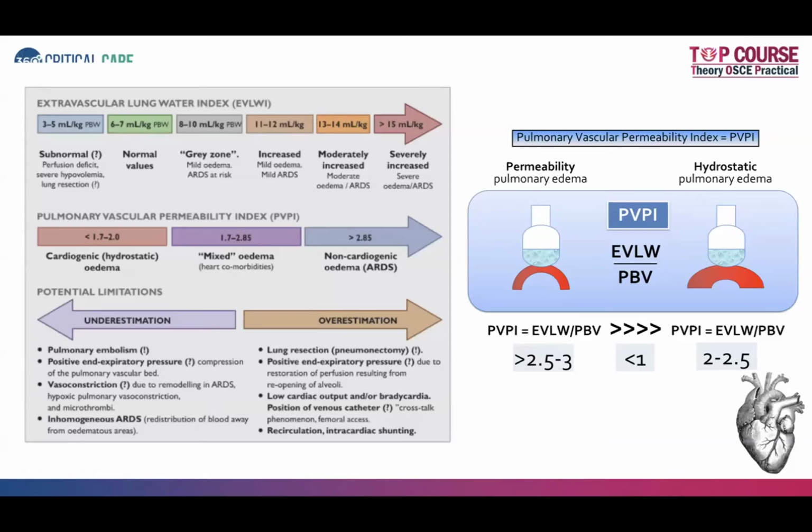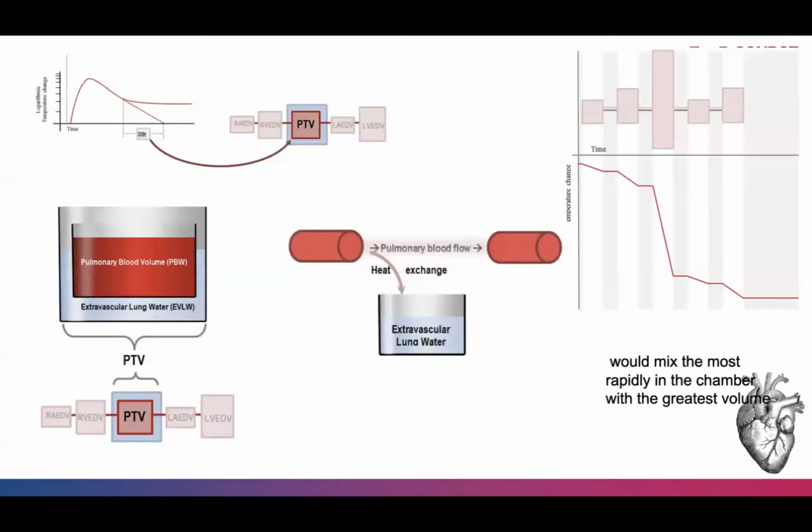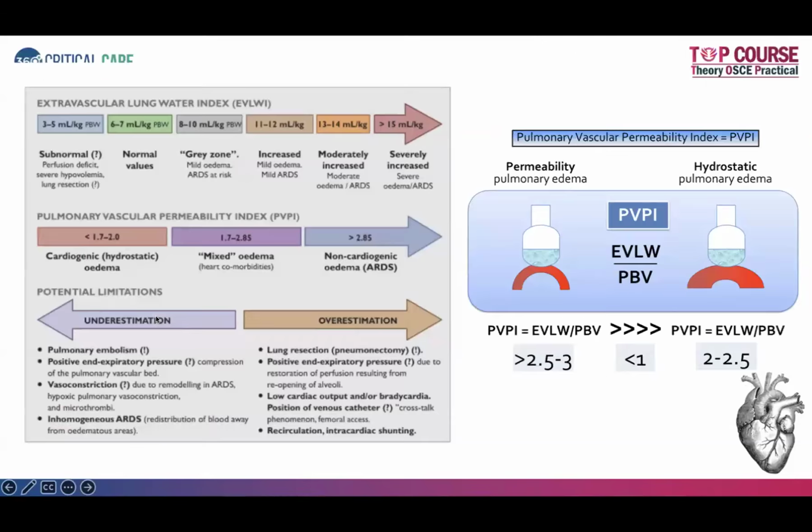So what is the importance of the other indices which we commonly see with cardiac output monitoring? This could be asked as a short note. The extravascular lung water index is, as we saw in the pulmonary thermal volume, the water content in the lung. The normal value is 3 to 7 ml per kg of the predicted body weight.